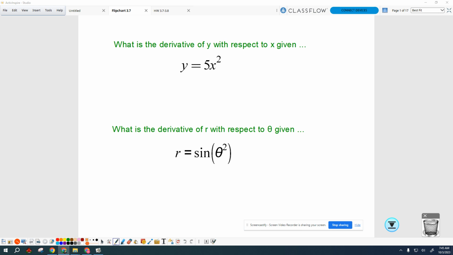I think later in the lesson. I think they're getting the chain rule down.